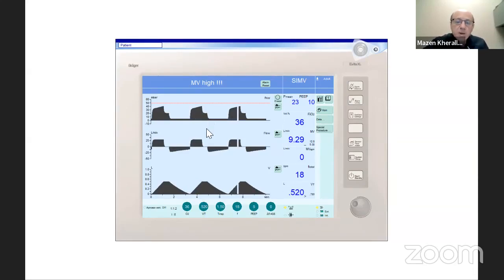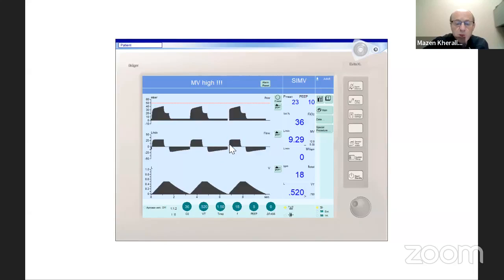Now you go to expiration, and you will see that expiration starts here, and the flow goes to negative expiratory flow. That's the peak expiratory flow here. And then what you notice is it goes up gradually. The slope is actually much less steep compared to a normal case. You can see that there is a limitation to the expiratory flow at all the points here.